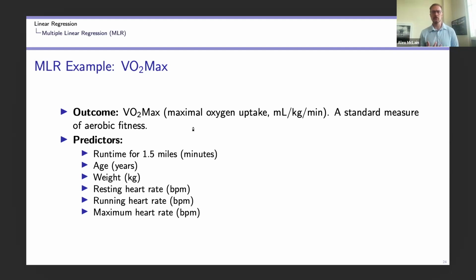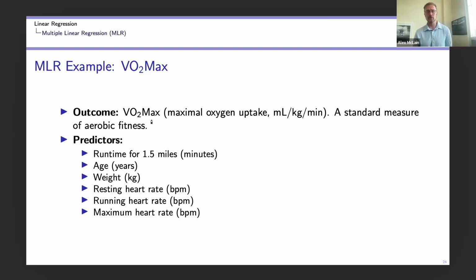If you think about an athlete or a car, VO2 max is a measure of the power of the engine you have. And some folks are very pro VO2 max as an overall measure of health, and of aerobic fitness for sure.